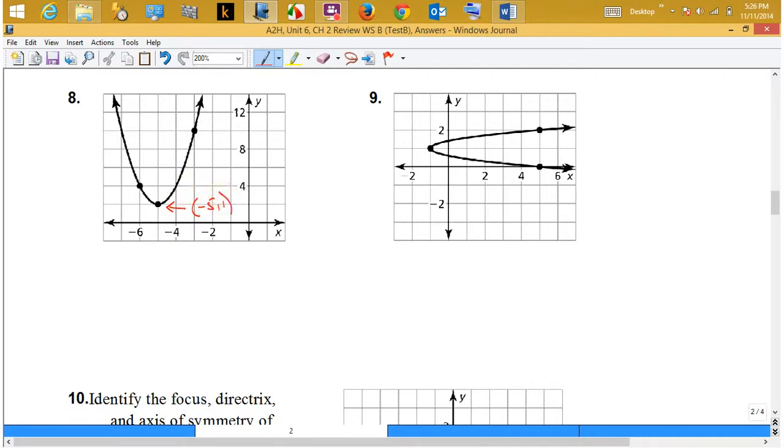And so if we plug that into vertex form, this is if we have a parabola given to us and we have some points and it's in vertex form, we can write the equation of that parabola. It's called modeling. So we'll say y is equal to some value a, x minus h squared plus k.